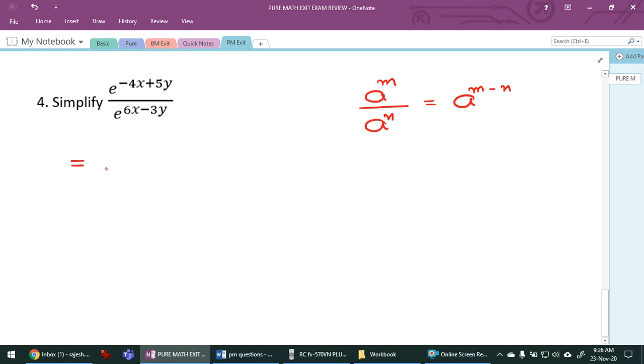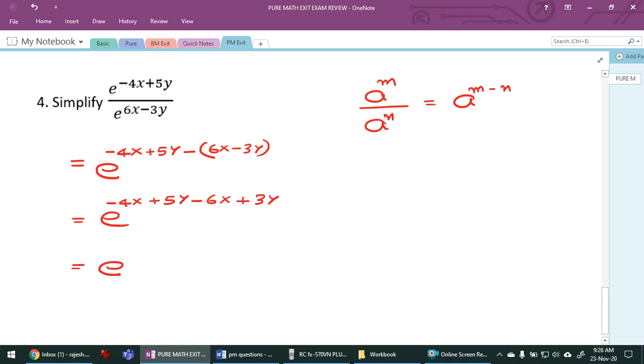So you can use the same rule: e power minus 4x plus 5y minus, after minus you have to put a bracket because you have two terms here. So this is 6x minus 3y, equal to e power minus 4x plus 5y. Now open the bracket here. Minus into 6x is minus 6x, minus into minus is plus 3y.